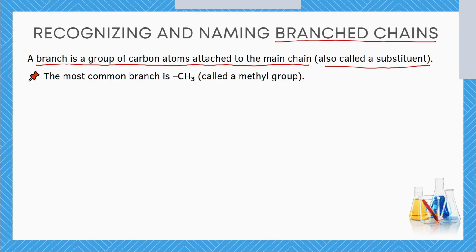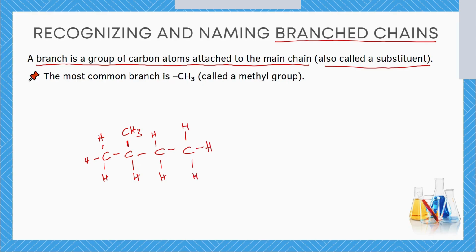Now, look at this. For instance, if I have 1, 2, 3, 4 carbon atoms, and then I have hydrogen atoms attached to each of them, and then over here I have, let's say, CH3, and then the rest of it is occupied by hydrogen atoms.